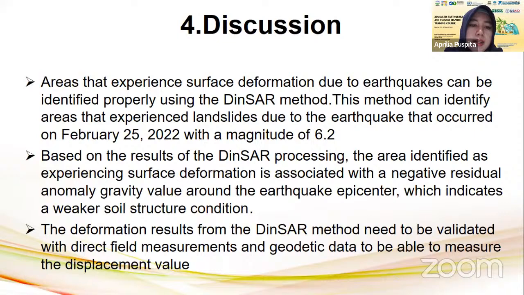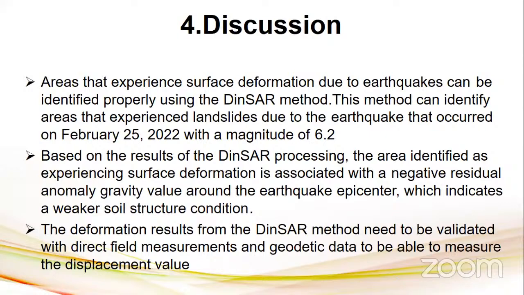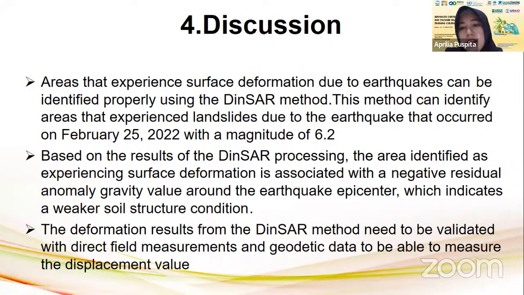Based on the result of the DInSAR processing, the area identified as experiencing surface deformation is associated with a negative residual gravity anomaly value around the earthquake epicenter. This indicates a weaker soil structure condition. And the deformation result from the DInSAR method needs to be validated with direct field measurement and geodetic data to be able to measure the displacement value.